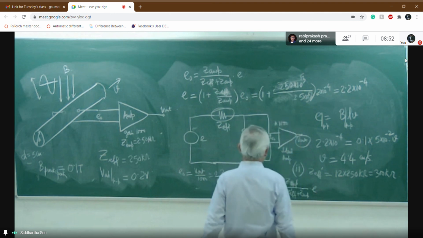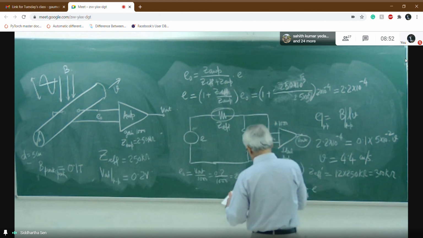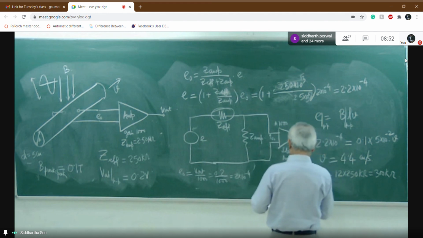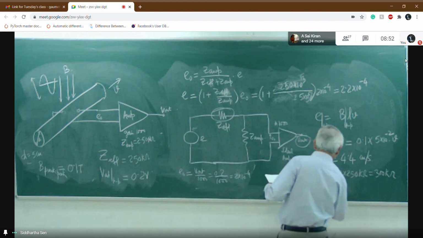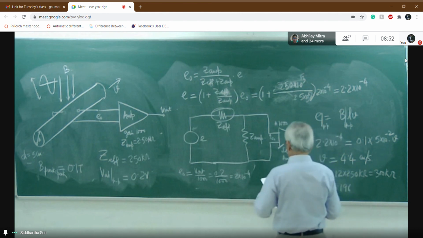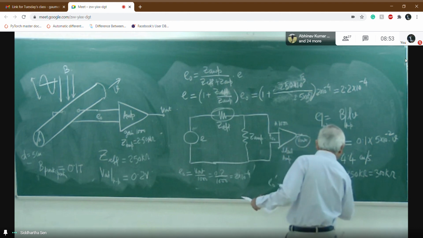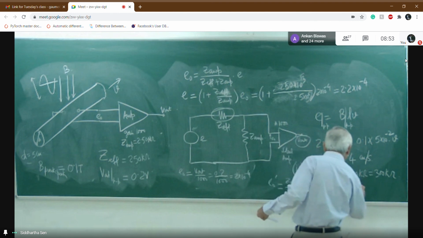E remains the same. And if you do the calculation, according to my calculation, I always make many mistakes, it comes to be 0.196, or rather what we can say is 1.96 into 10 to the power minus 4 volt.